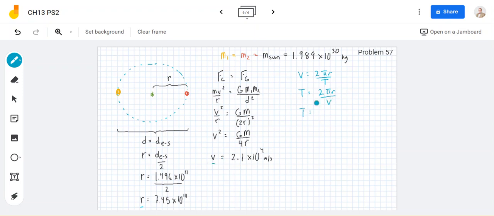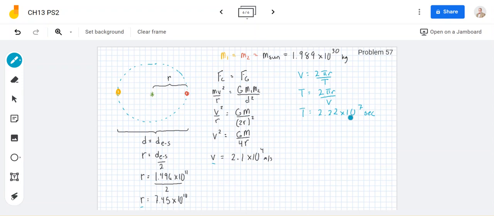Let's plug in, check, and see what we get. So it's 2.22 times 10 to the 7 seconds.